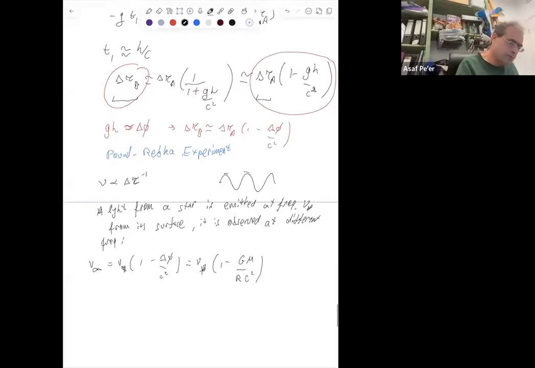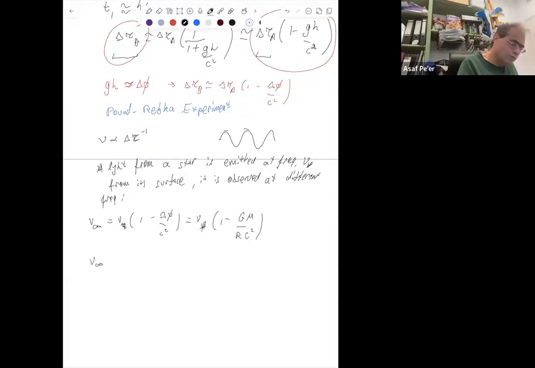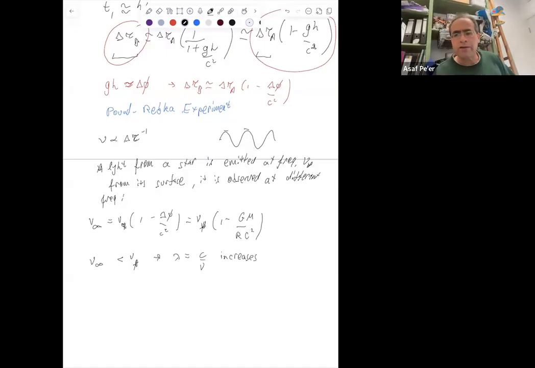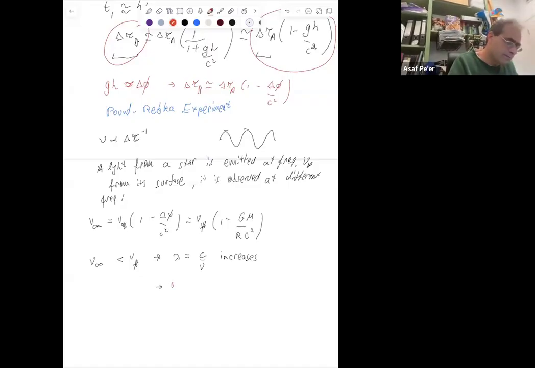Of course, nu observed, nu infinity, is smaller than nu emitted, which means that the wavelength increases. Lambda is c over nu, so it increases, meaning that this goes toward the red part of the spectrum. That's why it's called redshift.